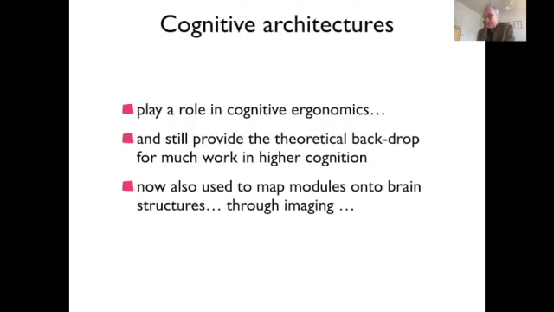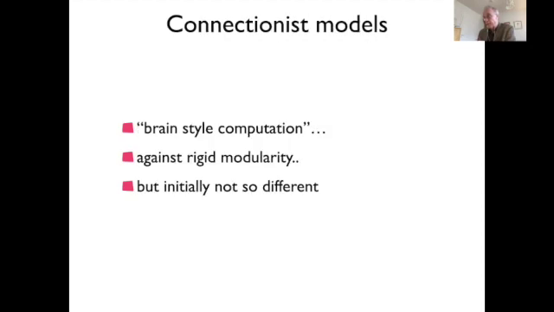So I would say that they have been in psychology sort of on the defensive for a long time for that reason. And it was connectionism largely that sort of replaced this perspective. Connectionist models essentially claim that they do brain-style computation, and they argued initially against this rigid modularity imposition, although their intellectual origins are not really so different, and there's a strong conceptual overlap.